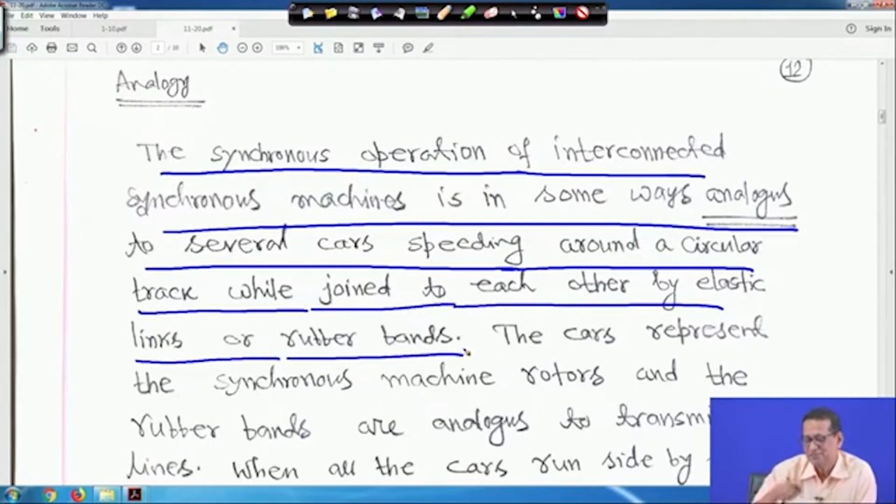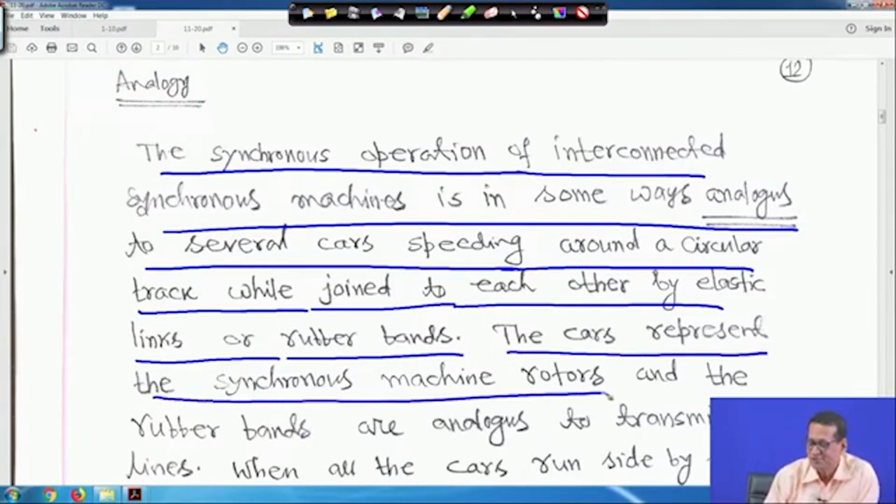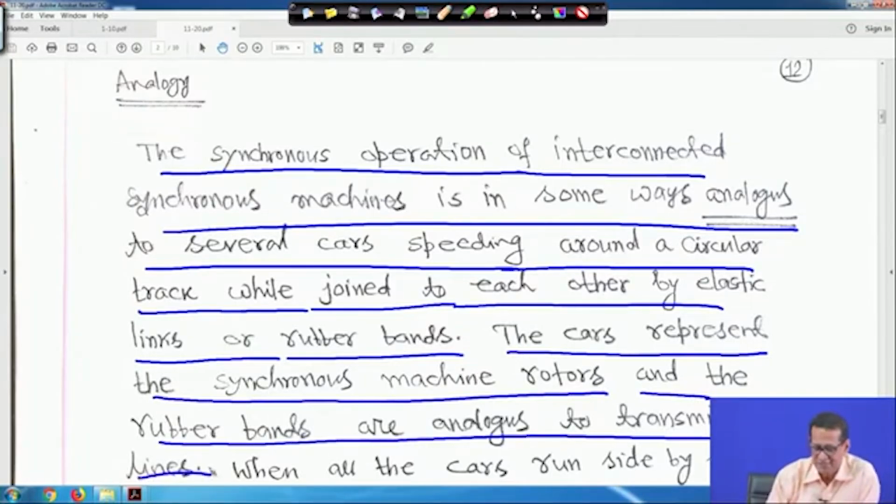Suppose in a circular path many cars are moving and they are tied with elastic bands or rubber. The cars represent the synchronous machine rotors, and the rubber bands are analogous to the transmission lines.